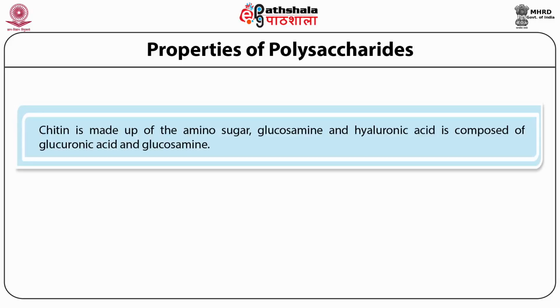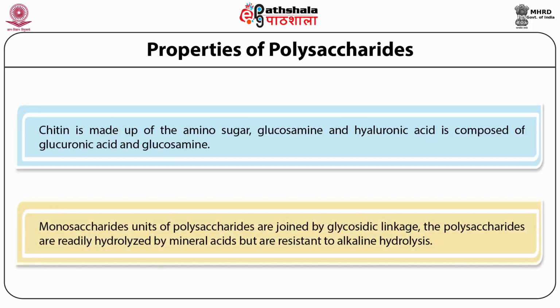Chitin is made up of the amino sugar glucosamine, and hyaluronic acid is composed of glucuronic acid and glucosamine. Monosaccharides, the units of polysaccharides, are joined by glycosidic linkage. The polysaccharides are readily hydrolyzed by mineral acid but are resistant to alkaline hydrolysis.